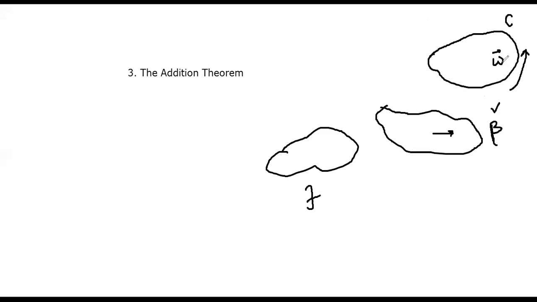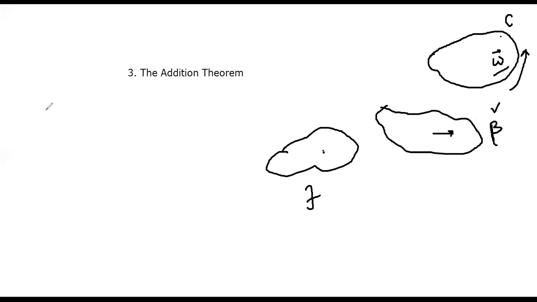Therefore, what will be the angular velocity of frame C with respect to an observer on the ground? We have 3 frames of reference: C, beta, and J. If the angular velocity of C with respect to beta is omega, what is the angular velocity of C with respect to the ground?